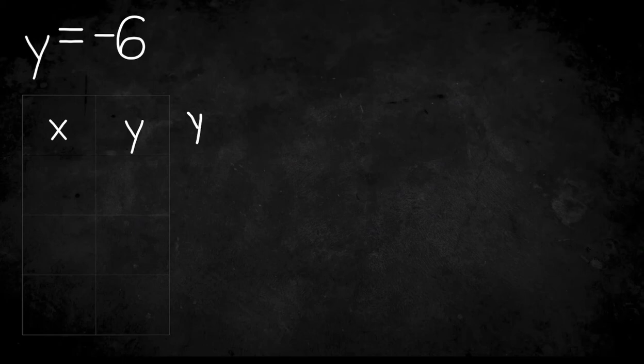Now let's try one last problem. We have y equals negative 6. Now in this case, yes, you could do a chart, but the chart is unnecessary. It's basically like saying y equals 0x plus negative 6.